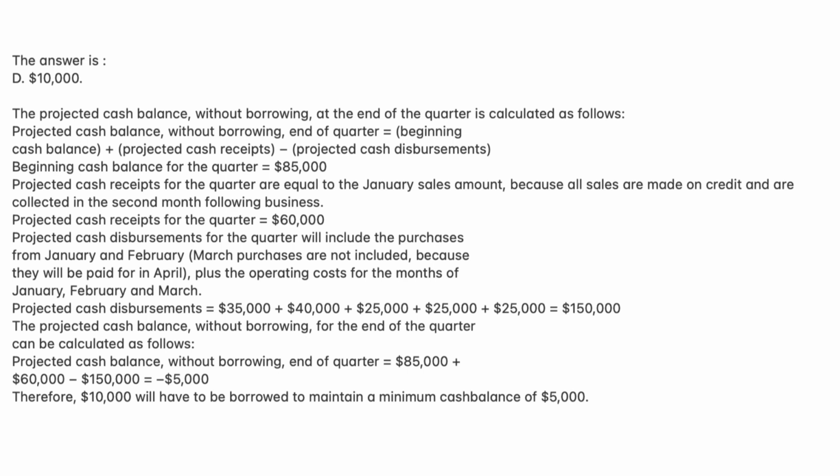The projected cash balance, without borrowing, for the end of the quarter can be calculated as follows: $85,000 plus $60,000 minus $150,000 equals minus $5,000. Therefore, $10,000 will have to be borrowed to maintain a minimum cash balance of $5,000.